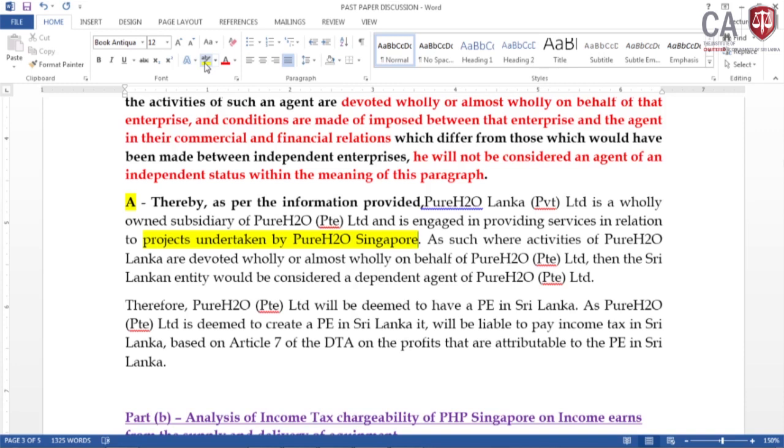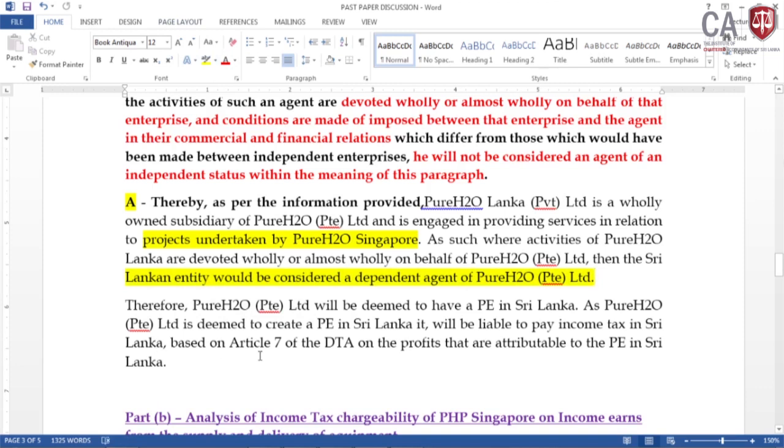Any project which comes to Sri Lanka is totally done by PHP Lanka on behalf of PHP Singapore. As such, where activities of PHP Lanka are devoted wholly or almost wholly on behalf of PHP Singapore, the Sri Lankan entity would be considered a dependent agent on behalf of that Singapore company. Clear?